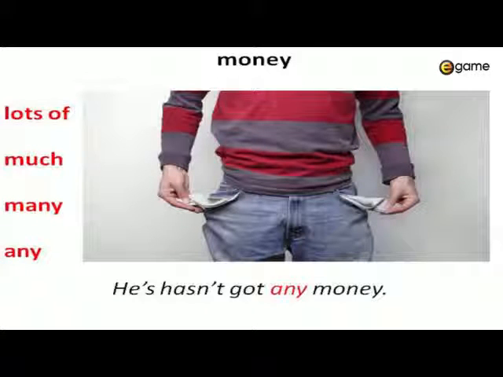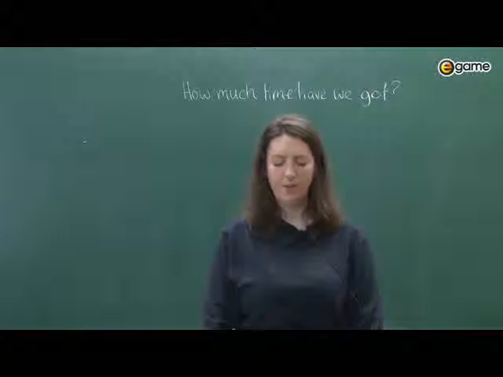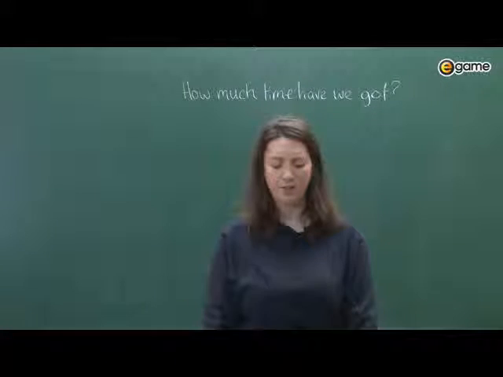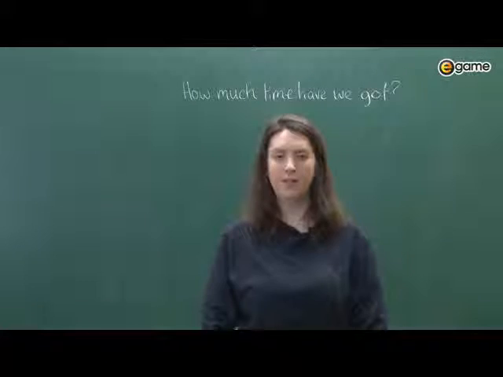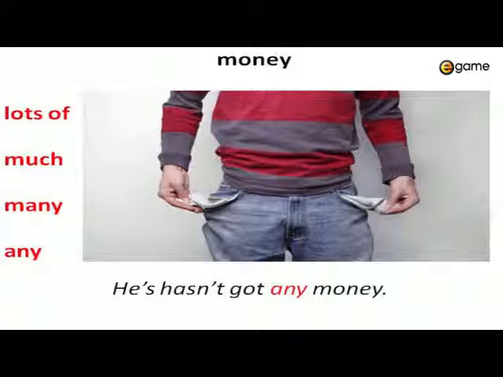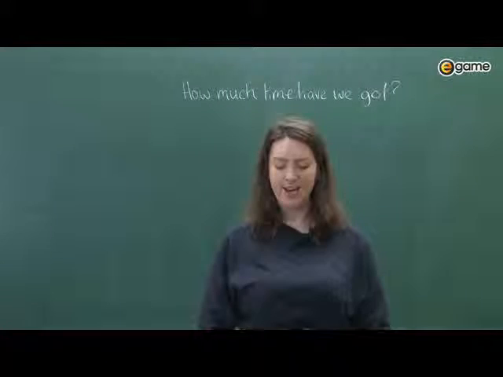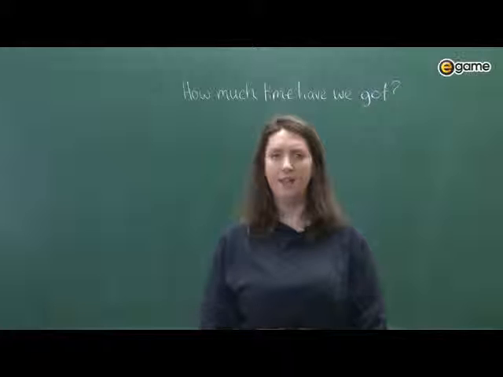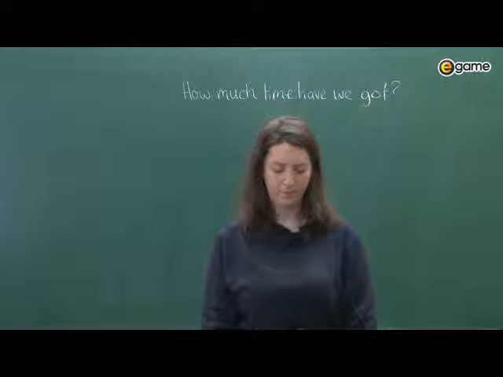So it's uncountable. We can see empty pockets. So what's the sentence we can make about this picture? Let's see. He hasn't got any money. Okay, so again, any can be used with both countable and non-countable.